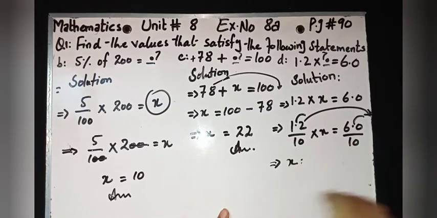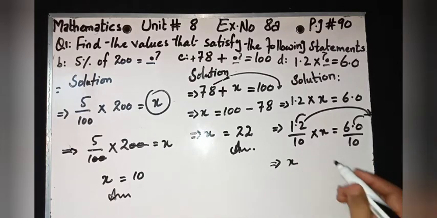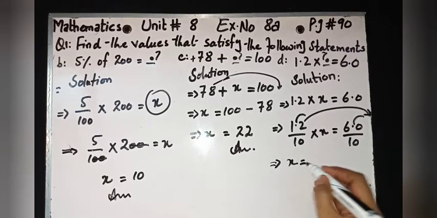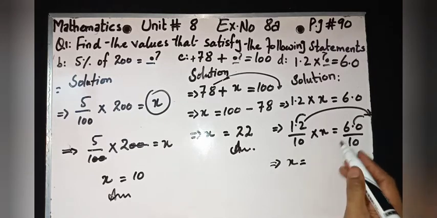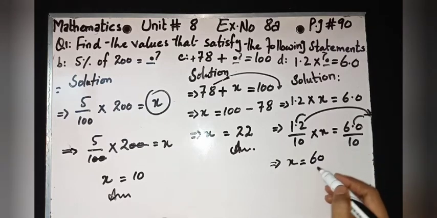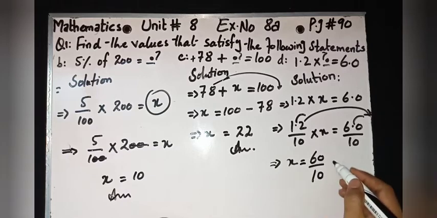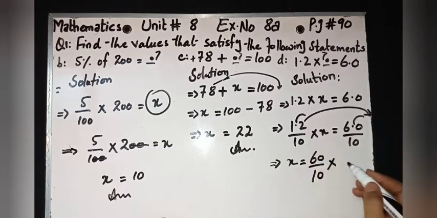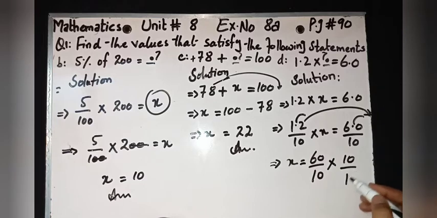I do it again because by mistake I wrote 6. But over here we have 60. 60 upon 10 multiply by 10 upon 12.